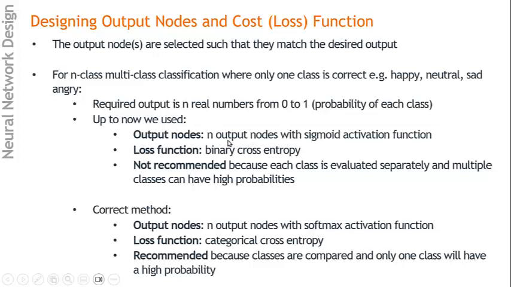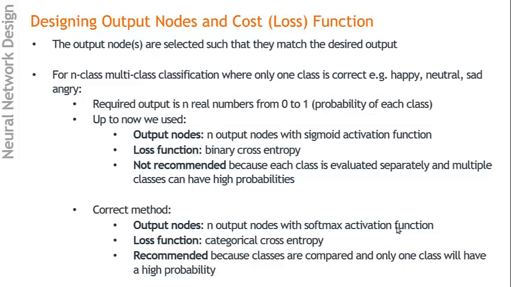If you have a sigmoid activation function for each node separately, then the outputs are not going to add up to 1. So you're not going to get a probability distribution. It's better if you arrange with a softmax activation, which guarantees that all the outputs, when summed, will give you a 1. So you're going to be outputting a probability distribution.